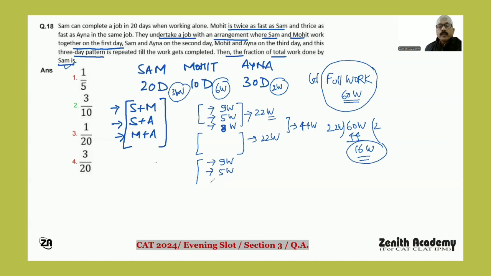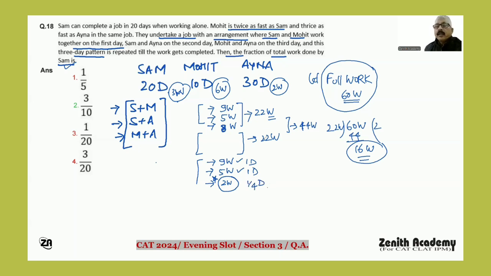So this 2 work will be completed by Mohit and Aina. So 9 work in 1 day, 1 day complete, and 5 work in 1 day, 1 day complete. But here only 2 work is to be done. Right? 9 plus 5, 14 plus 2, 16. While Mohit and Aina together finish 8 work in a whole day. So to finish 2 work, only 1 by 4 day is required.